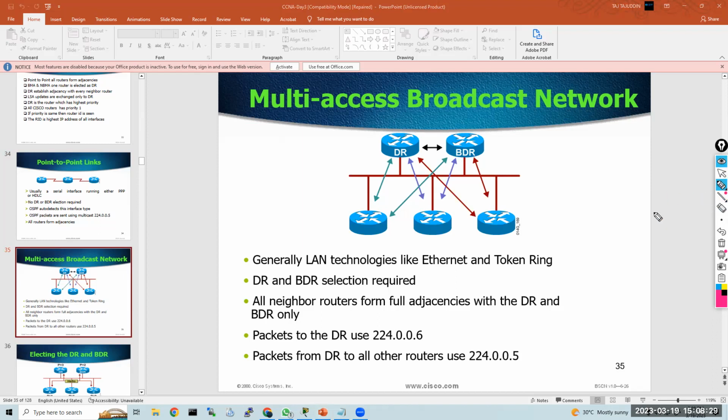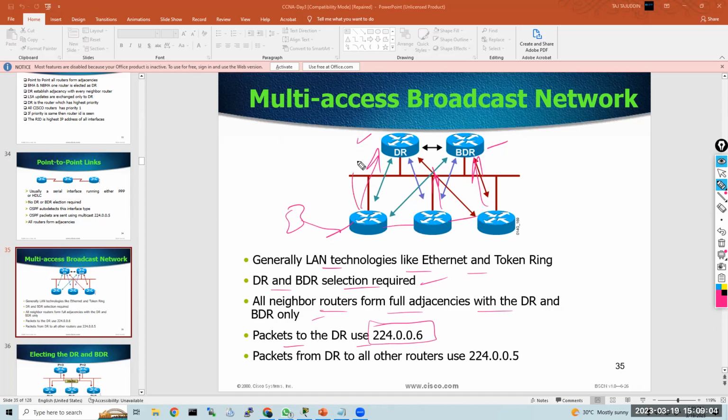Remember, for example, this is my DR. Generally on LAN technology links like Ethernet and token ring, DR-BDR election is required. All the neighbor routers form the adjacency only with the DR and BDR. Packets are sent to the DR using 224.0.0.6. Say for example, you have a new network inside. You cannot send this directly to this router.